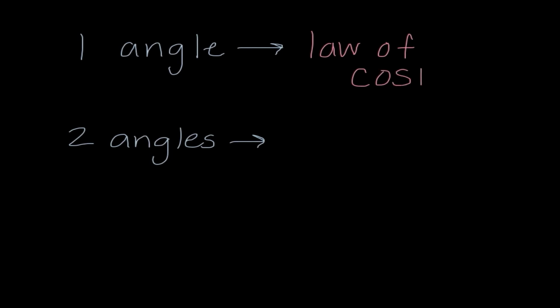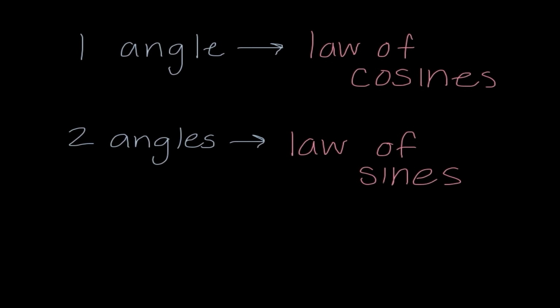And that means that I could either actually know that one angle, or I might be trying to find one angle. If we're ever talking about two angles, that's when I want to use the law of sines. And what you will see on this homework assignment is, even though it's mostly going to be law of sines, there's going to be some questions where it's open-ended and we can kind of do either one.